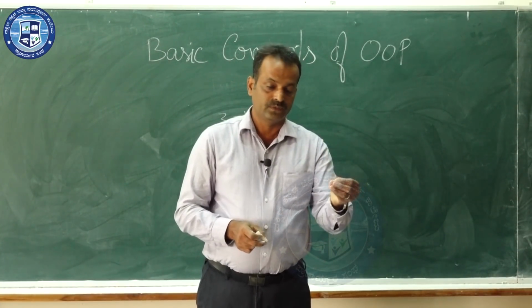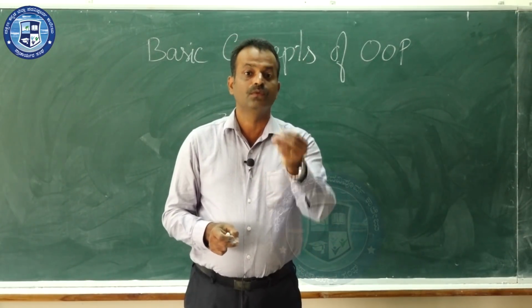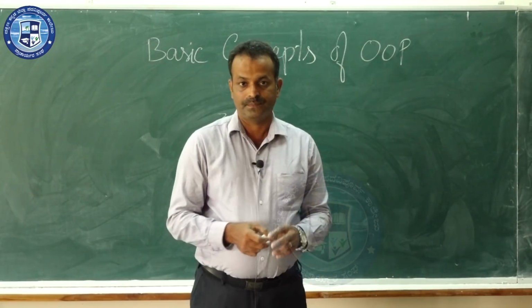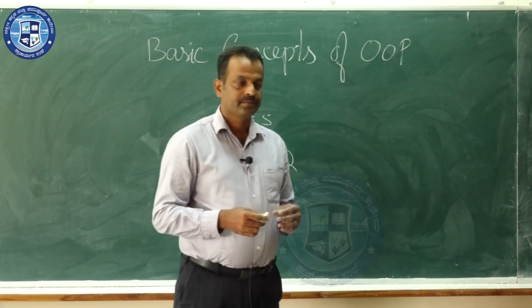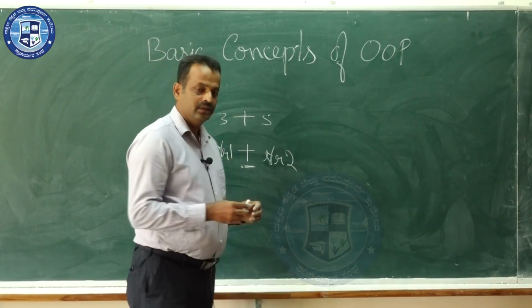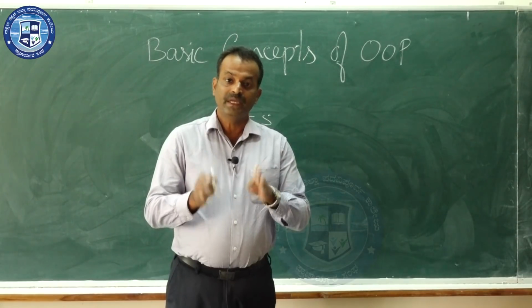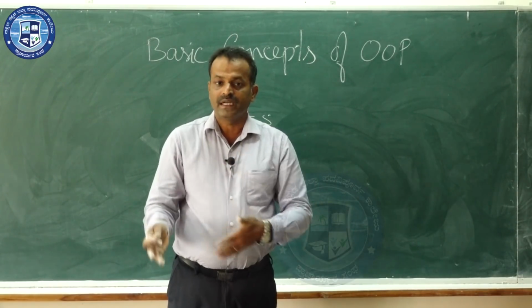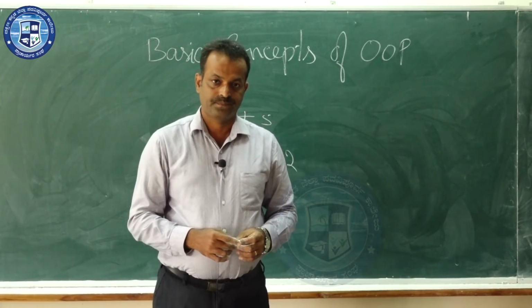So in operator overloading, we make the operator work upon a new type. Then what is function overloading? In function overloading, you can make a function behave differently based on the type of arguments passed to the function.